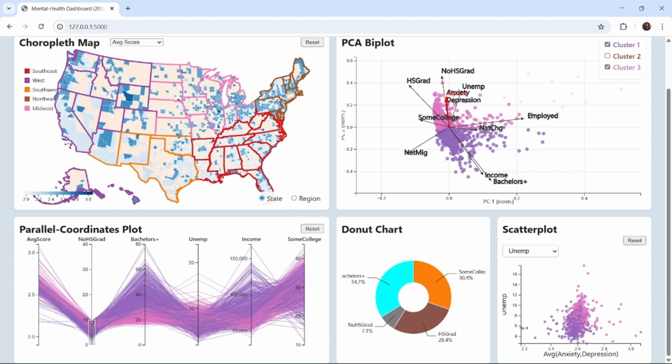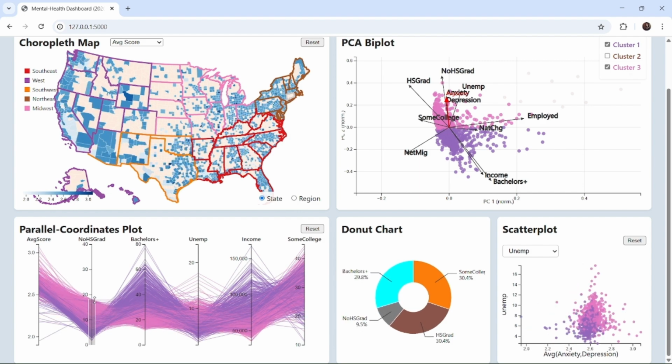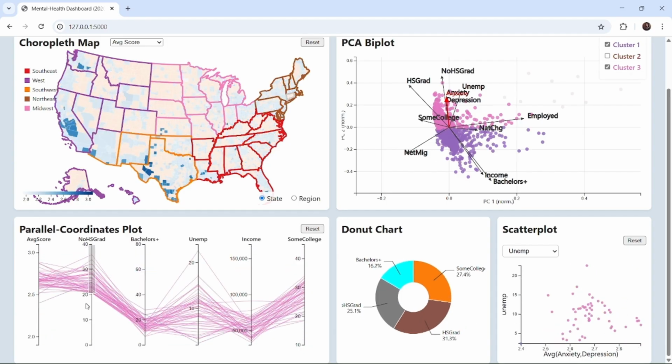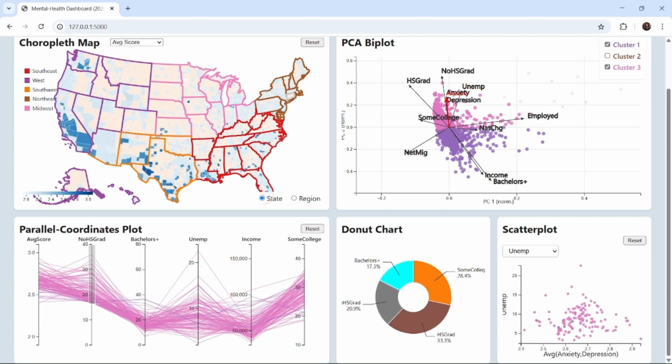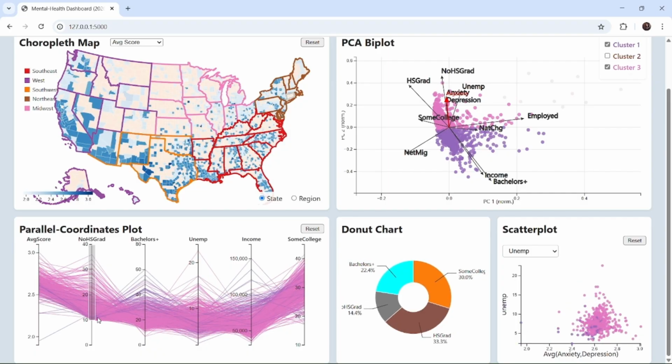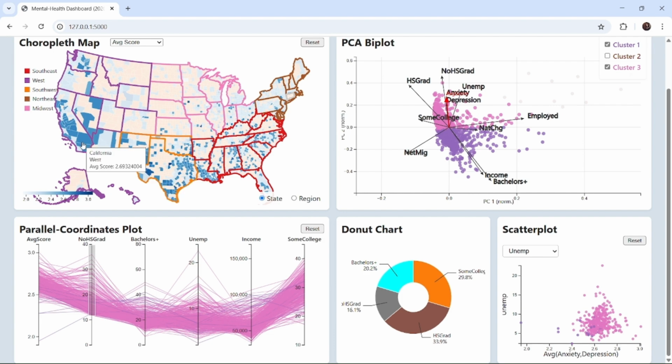So there's this particular cutoff point where the clusters separate. So if we're selecting no high school grad and we want to look at the vulnerable clusters, we can see the counties emerging from the bottom border part of the US. These counties in New Mexico and in Texas, a lot of the counties in California are actually quite vulnerable.